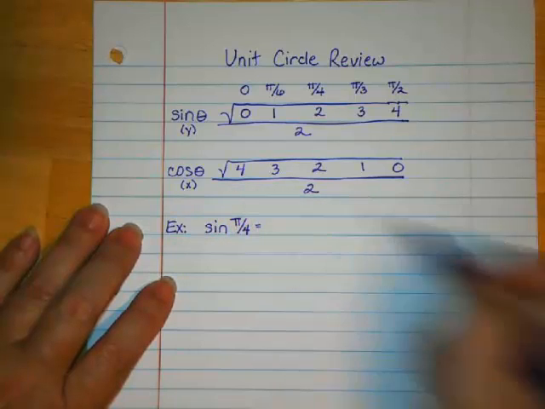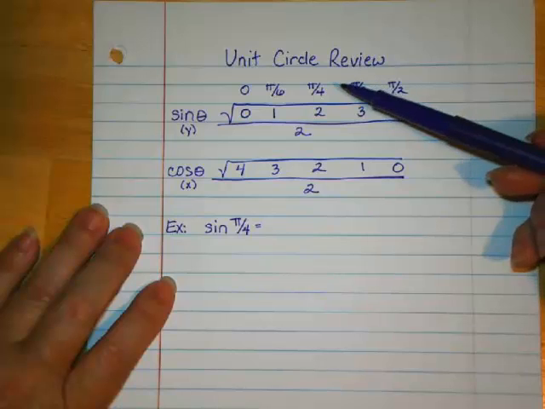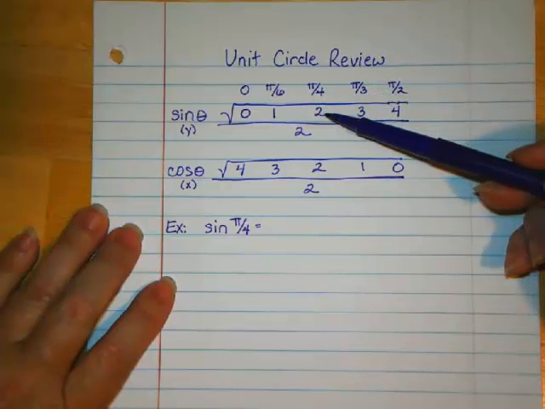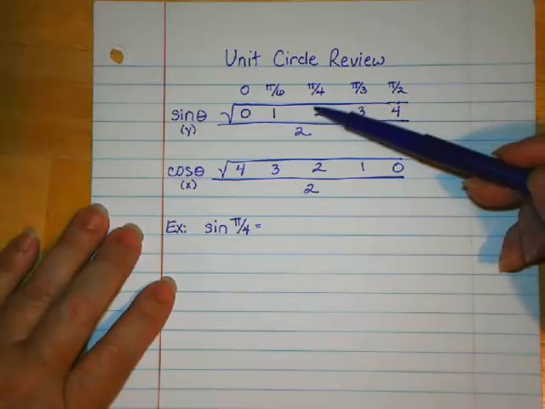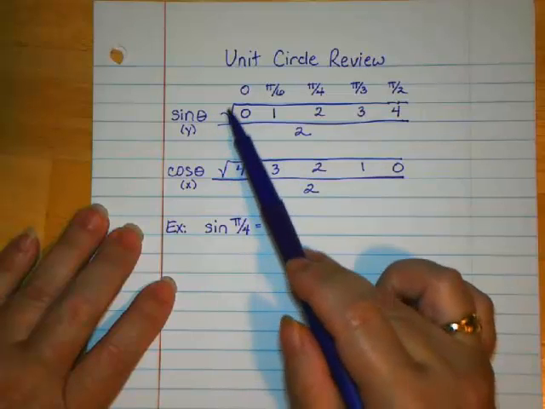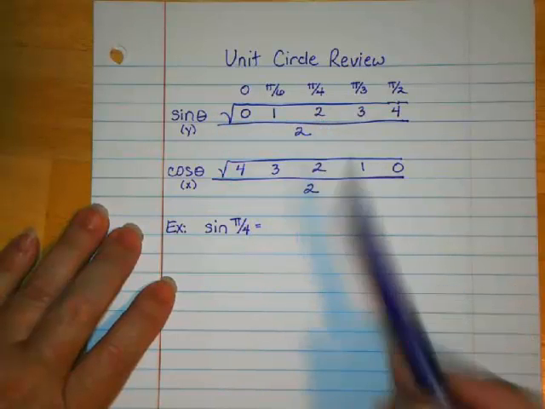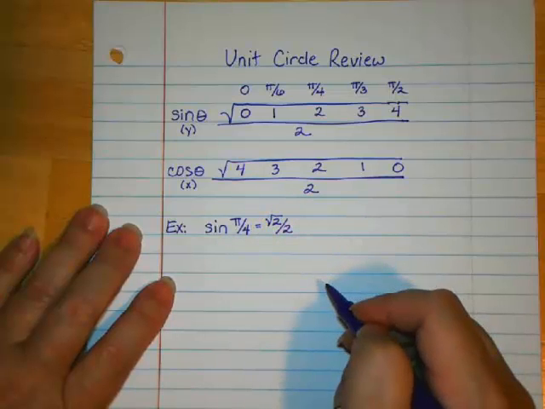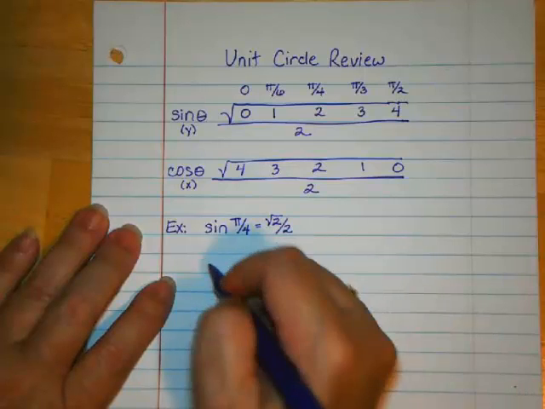For example, I want to know the sine of pi over 4. So, I go up here to pi over 4, and notice that the number right underneath it is a 2. So that tells me the numerator of pi over 4 is going to be the square root of 2 over 2.